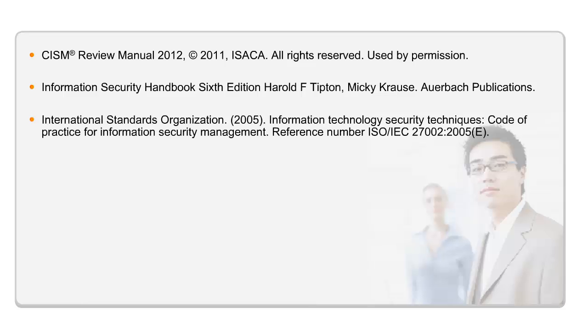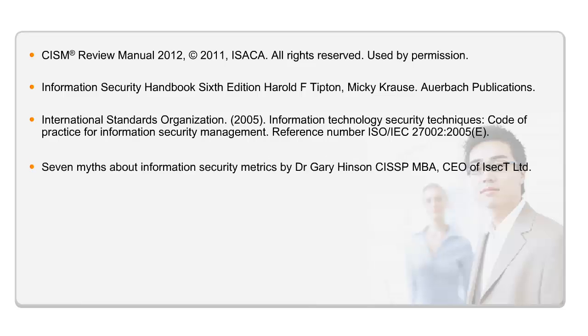International Standards Organization, 2005, Information Technology Security Techniques, Code of Practice for Information Security Management, reference number ISO/IEC 27002:2005. 7 Myths About Information Security Metrics by Dr. Gary Hinson, CISSP, MBA, CEO of ICT Limited, and the link given here will be of help to you as reference material.